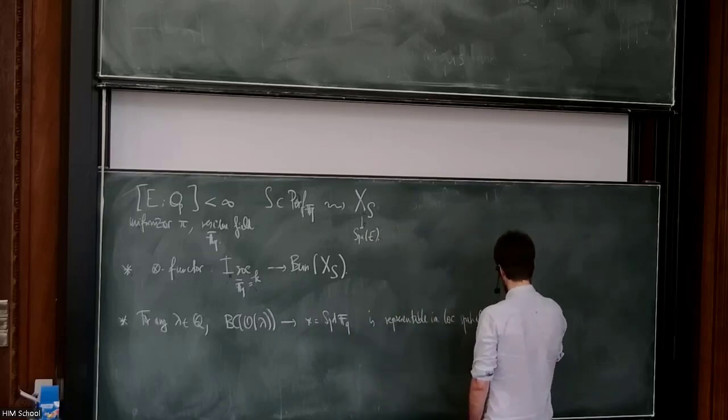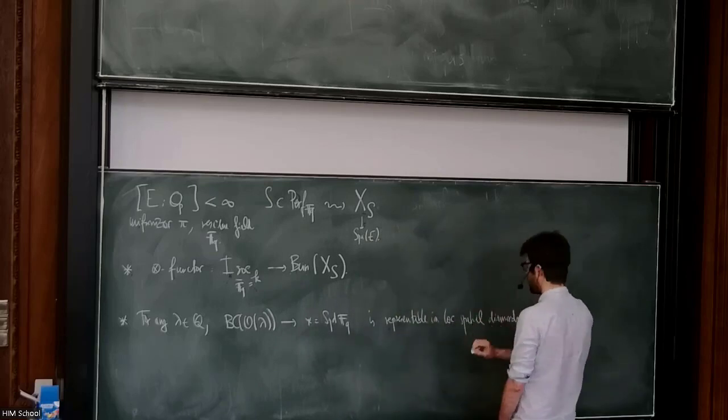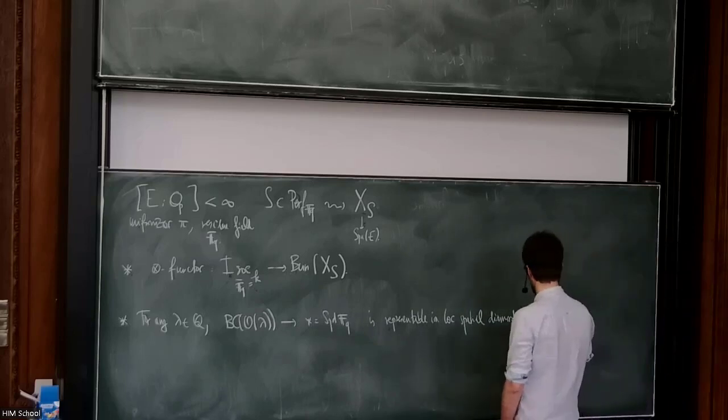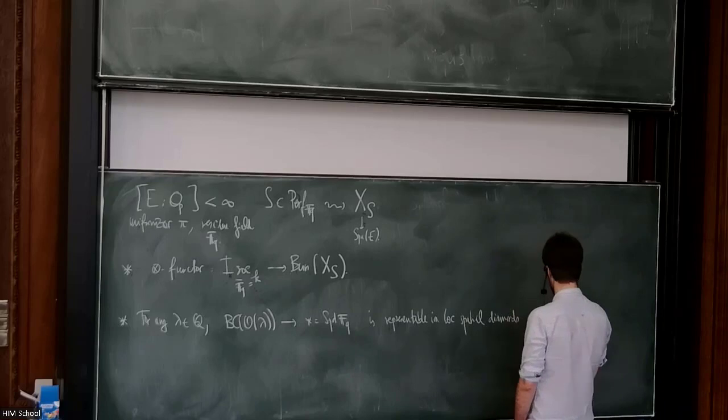So diamonds whose underlying topological space looks like the underlying topological space of an analytic adic space, and is also partially proper.